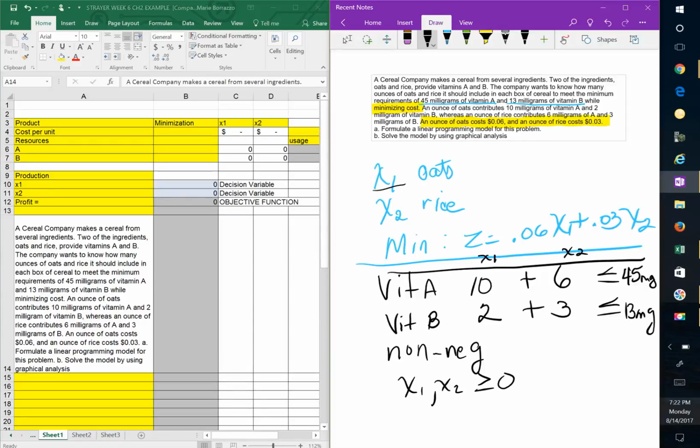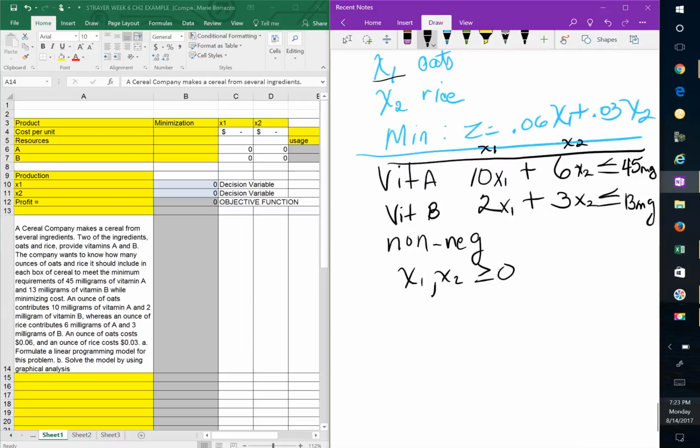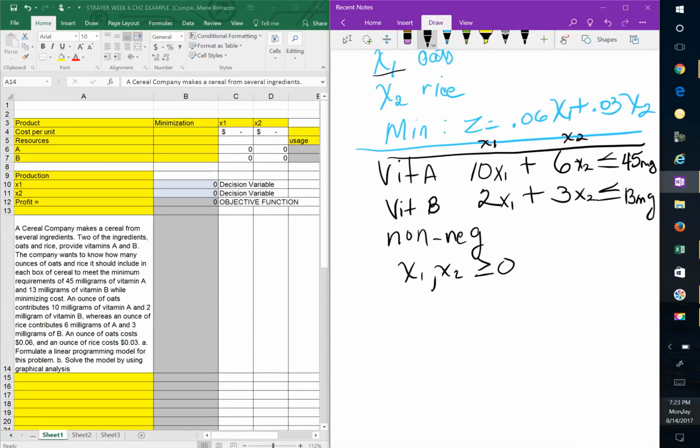in your homework last week, what we did was we converted our x2s to y's. So instead of calling this x2, we converted these to y's and we solved for y and graphed it. For vitamin A, you would have 10x1 plus 6y is less than or equal to 45. You would subtract the 10x1 on both sides.